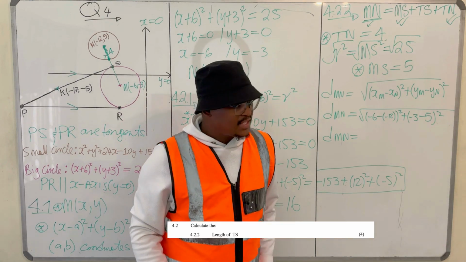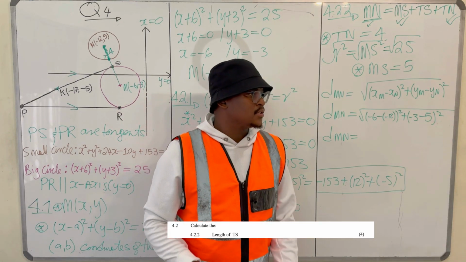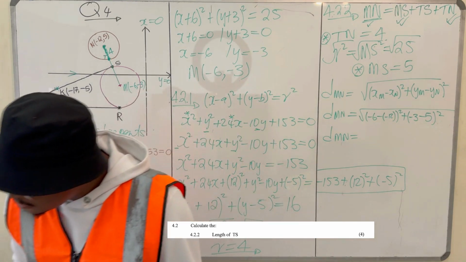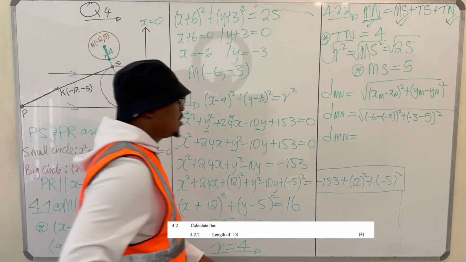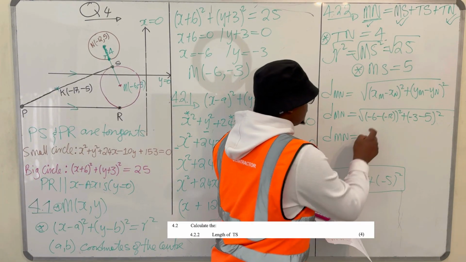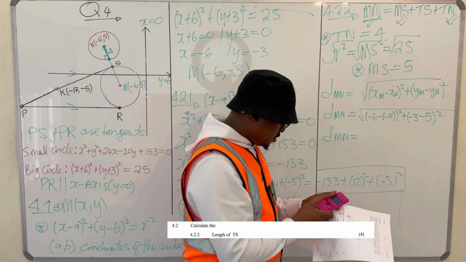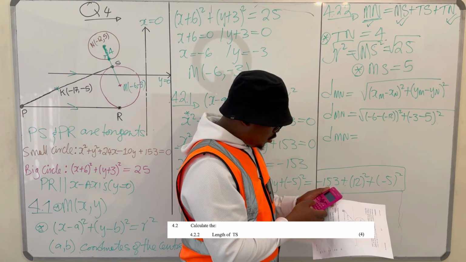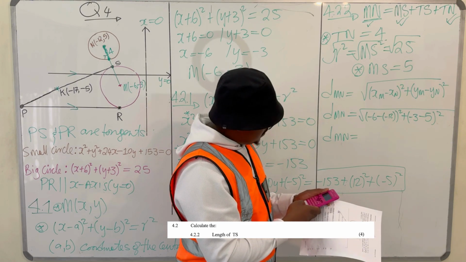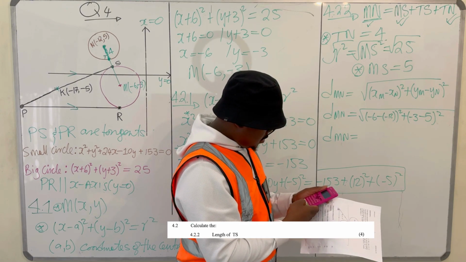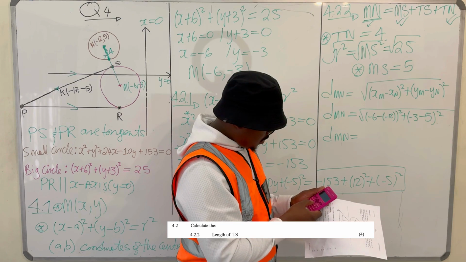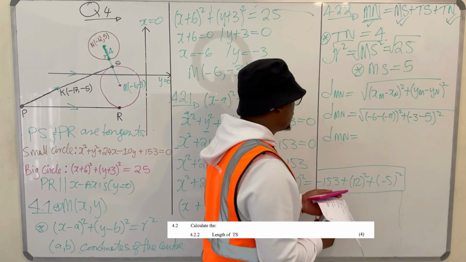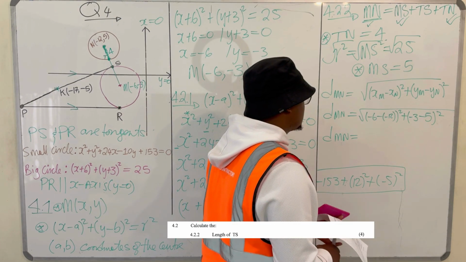So let's find the answer to that and see what we get. Here's my calculator. The square root of minus 6 minus negative 12 all squared plus minus 3 minus 5 all squared. So you get that your mn is equal to 10 units.